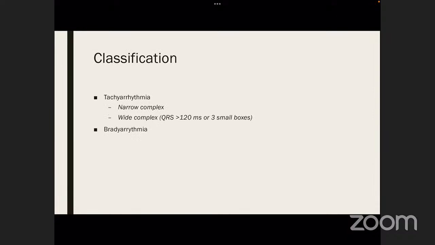So for the classification of the arrhythmia, we have either tachy or bradyarrhythmia. For the tachyarrhythmia, there are two types. We have the narrow complex or the SVT and the wide complex or the ventricular arrhythmia, when the QRS width is more than 3 small boxes, small squares, or 120 milliseconds.